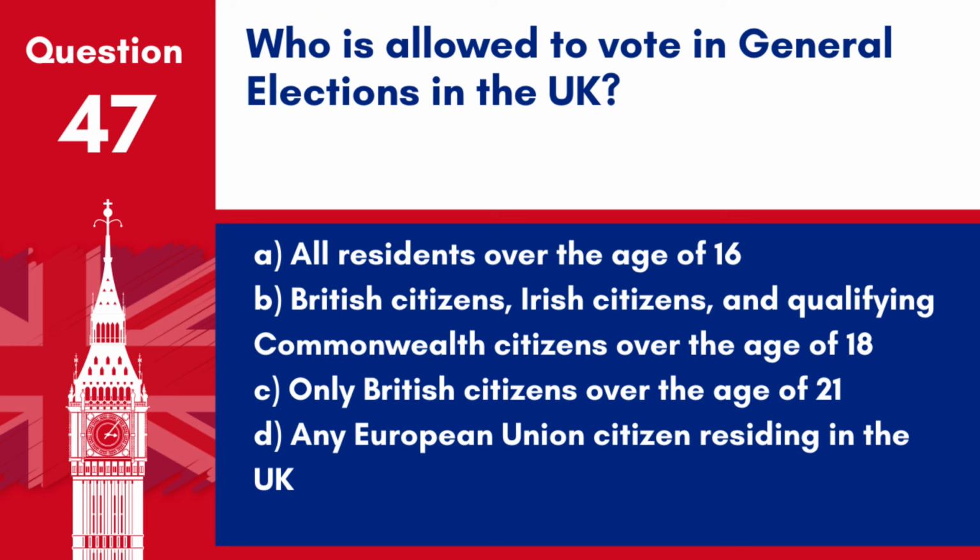D. Any European Union citizen residing in the UK. Answer: B. British citizens, Irish citizens, and qualifying Commonwealth citizens over the age of 18. These groups are eligible to vote in UK general elections, provided they are registered to vote.